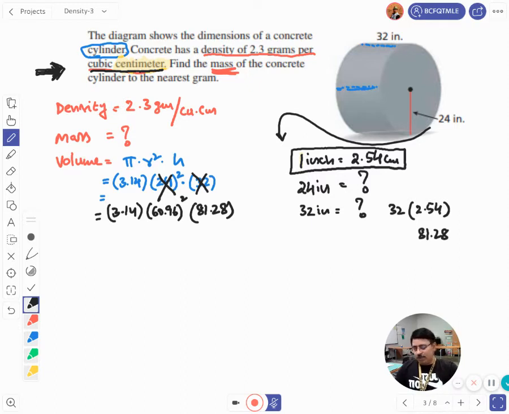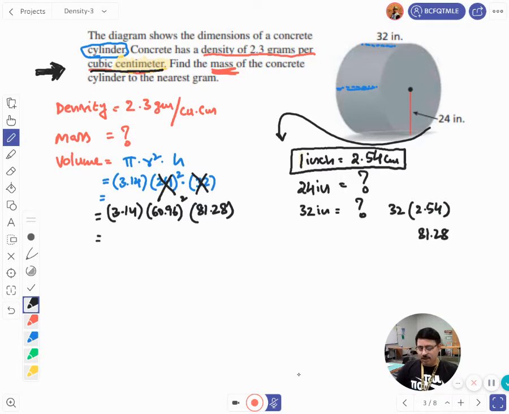Well, so let me grab my calculator. 3.14 times 60.96 whole squared times 81.28. So this is the volume, such a big number.